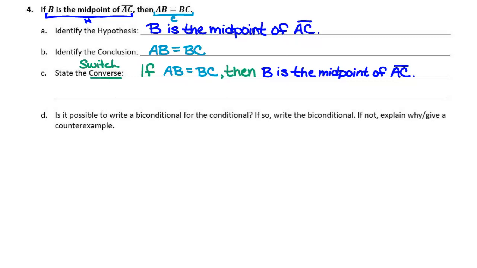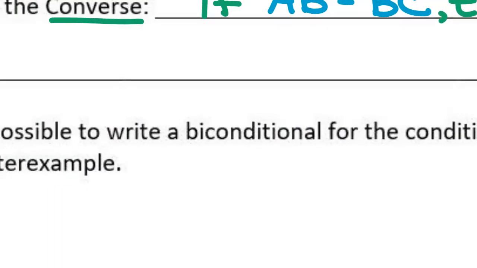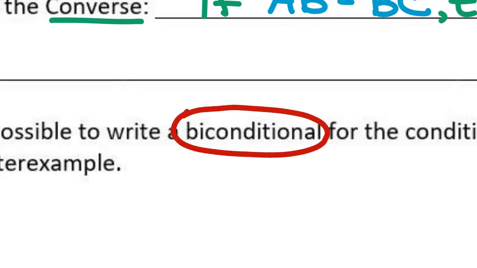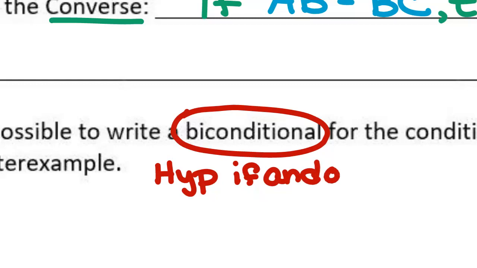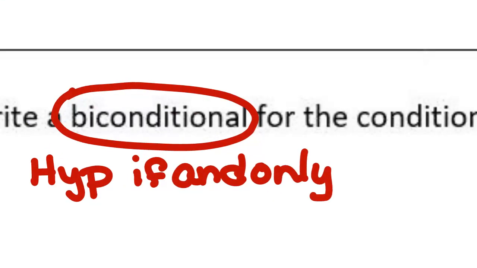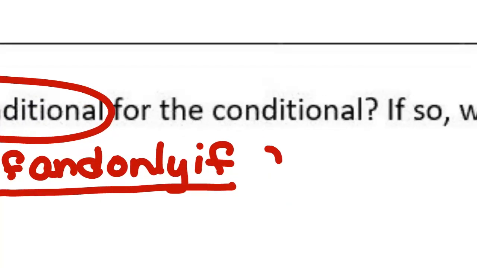D, is it possible to write a biconditional for the conditional? If so, write the biconditional. If not, explain why or give a counterexample. So a biconditional first has the hypothesis, and then it has the words if and only if, and then the conclusion.